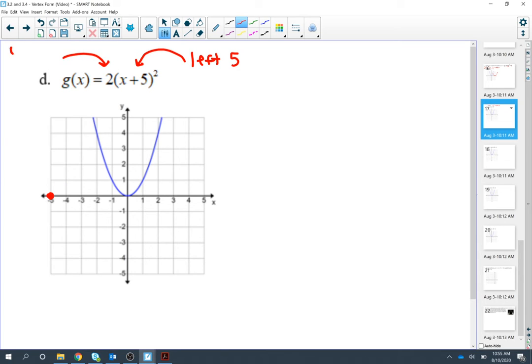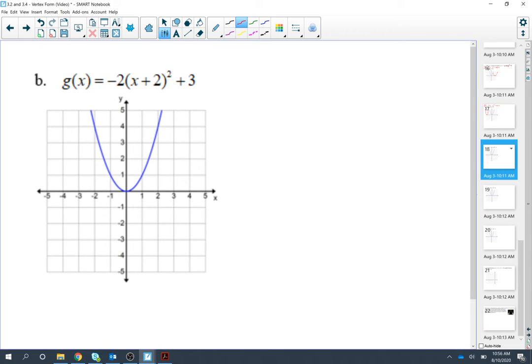I'm going to go over 1, and this time up 2. So over 1, up 2, over 1, up 2, and then we make a parabola. And it's a little bit skinnier than the original one, and it's been moved to the left 5.